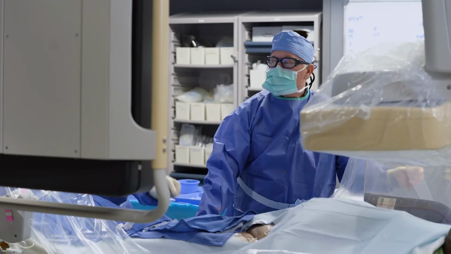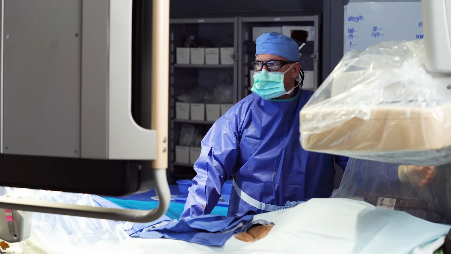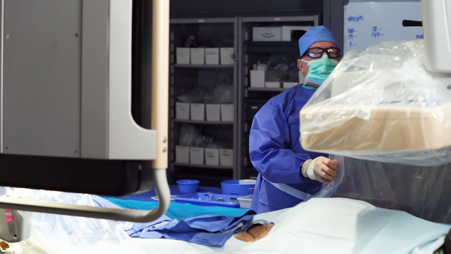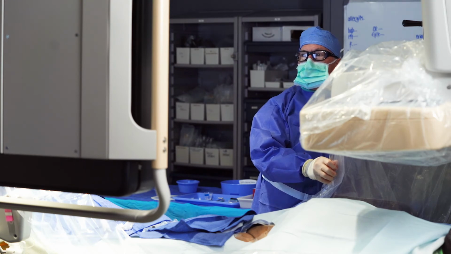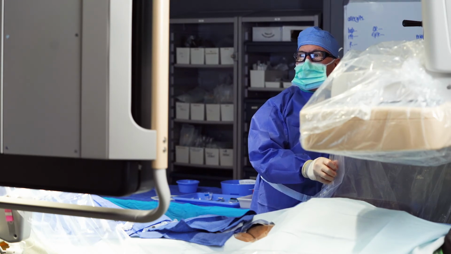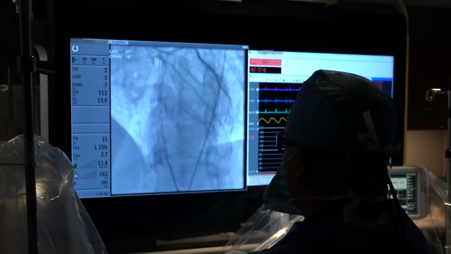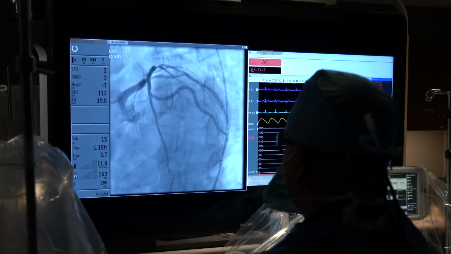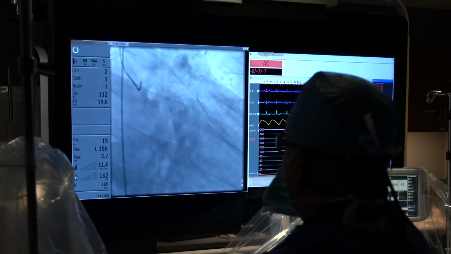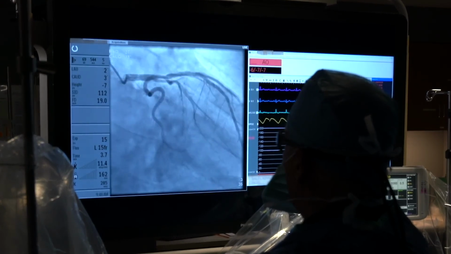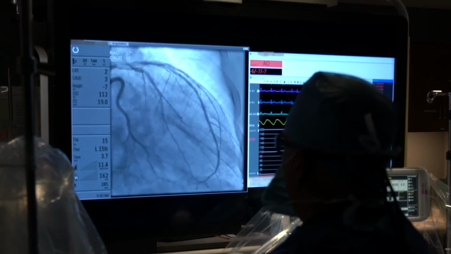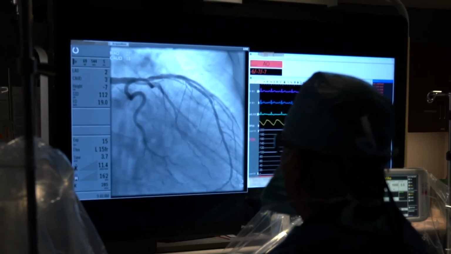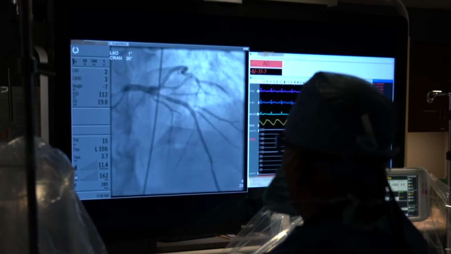So now his images have been recorded, and we can go back through the images and re-look at the various arteries. And the pictures that we've taken show that there is atherosclerotic buildup in several of the branches of the main coronary arteries, and some plaque buildup in his main vessels as well.